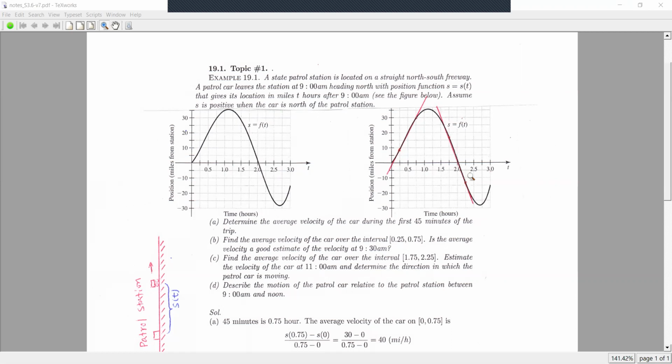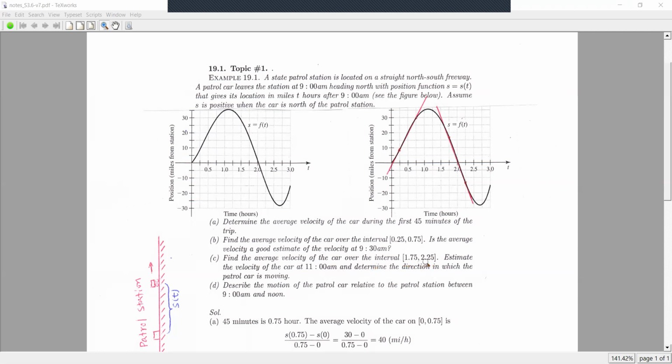Because the tangent line is almost parallel to this red line, the slope of the tangent line is almost equal to the slope of this red line. So we can estimate the velocity of the car at 11 a.m. by the average velocity over this time interval.